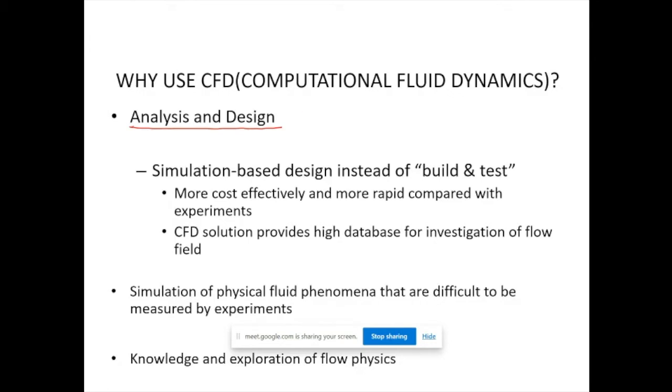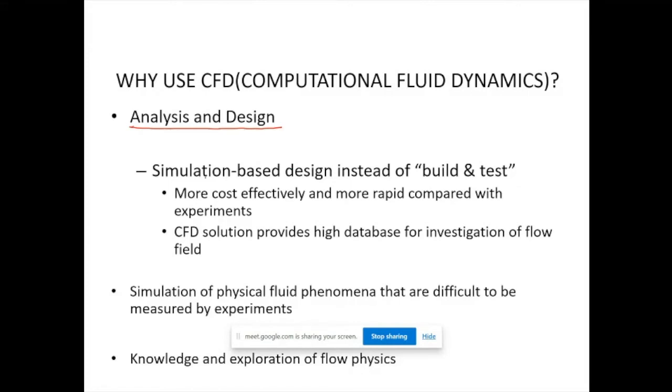Suppose you are fabricating a steam turbine, first you have to analyze the flow there, and once your profile is hydraulically good, then you go for the second step, the mechanical design. First we do the hydraulic design, then the mechanical design. So first we have to see what kind of profile is giving the best result. That is extracted from the CFD result, so we can predict it using CFD.